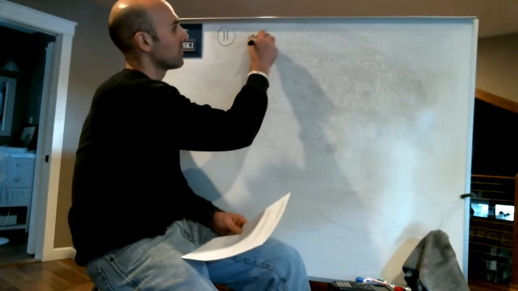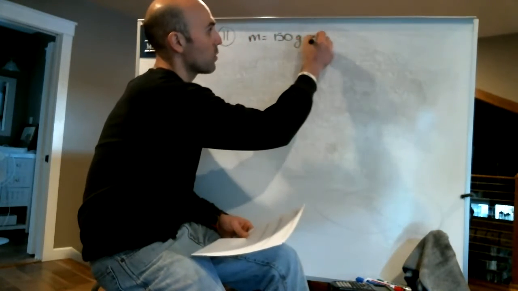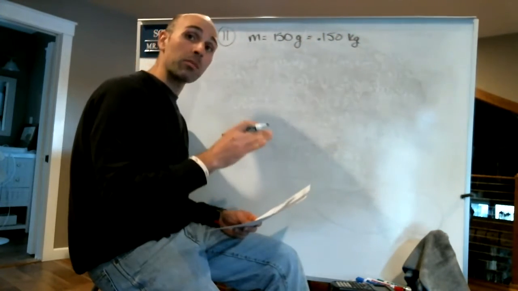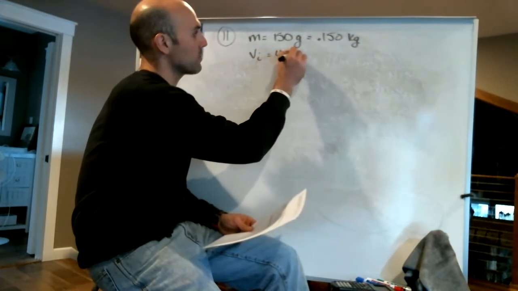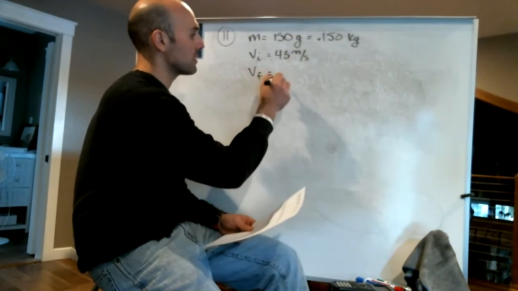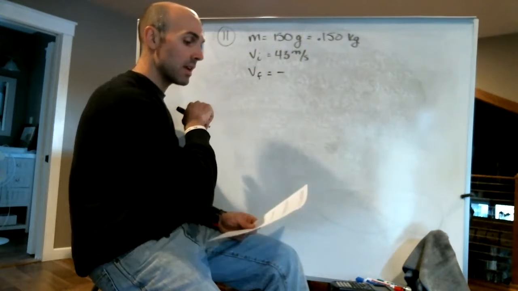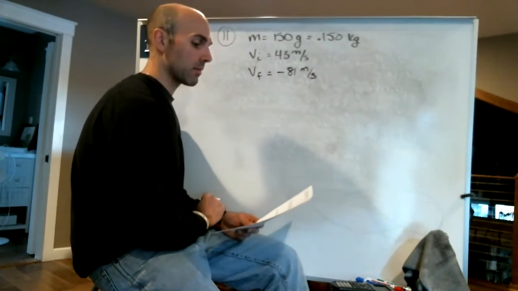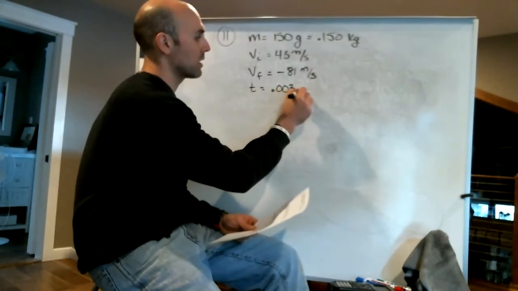The mass is 150 grams, which is really 0.150 kilograms. Now we know the baseball was thrown, the initial velocity was 43 meters per second, and then it was hit back, the final velocity, it's hit backward, right? Opposite the original direction at 81 meters per second. And this happened in the time of 0.003 seconds.